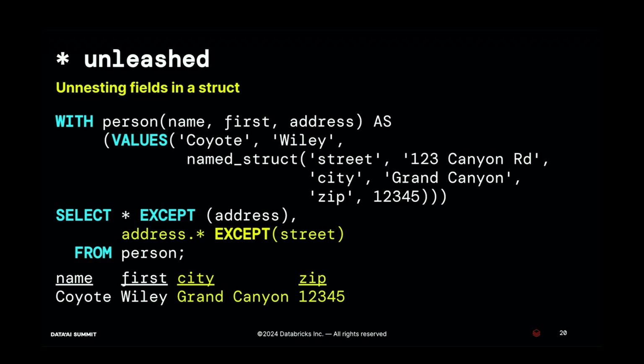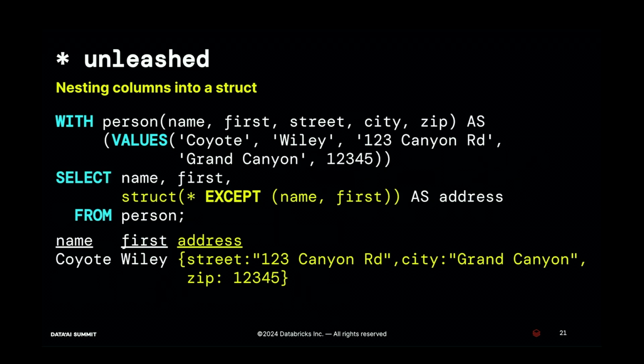Now let's see if we can do the reverse of this. What if I have a pile of columns, very flat, and I want to return this, but I want to turn some pieces into a struct? So again, we have Wile E. Coyote, this time all flattened out. And we say, okay, fine, the first and last name we're going to take as is, but the rest of the columns, except name and first name, we want to turn into a struct. So I can actually do that. I can use the struct constructor and just drop star into it, and it will pick up all the columns and make me a struct.